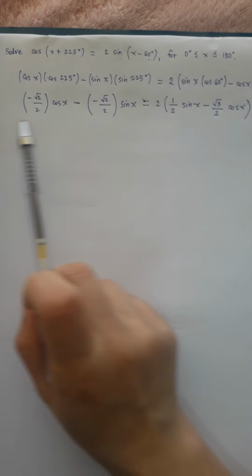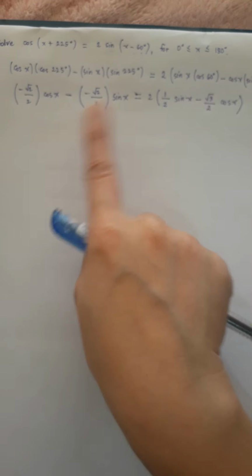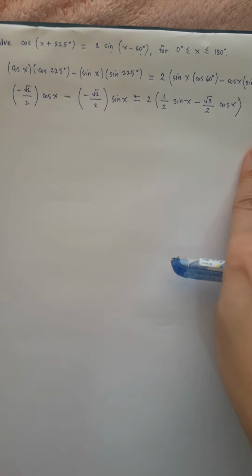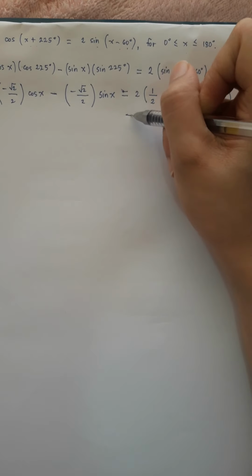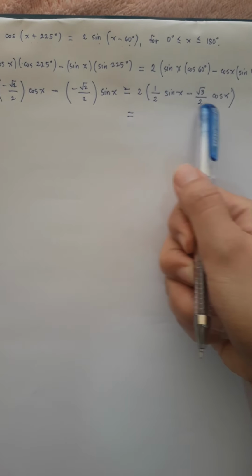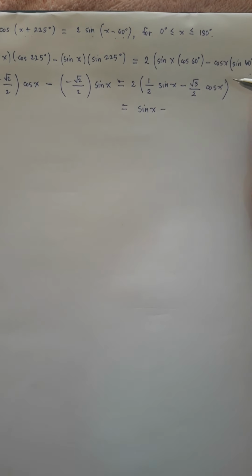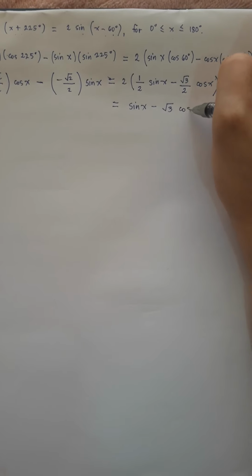Now at this step, we can see that in both sides, we have sine and cosine. So let's simplify further the right side of the equation. I will multiply this by 2. So I'll get sine x minus square root of 3 cosine x.